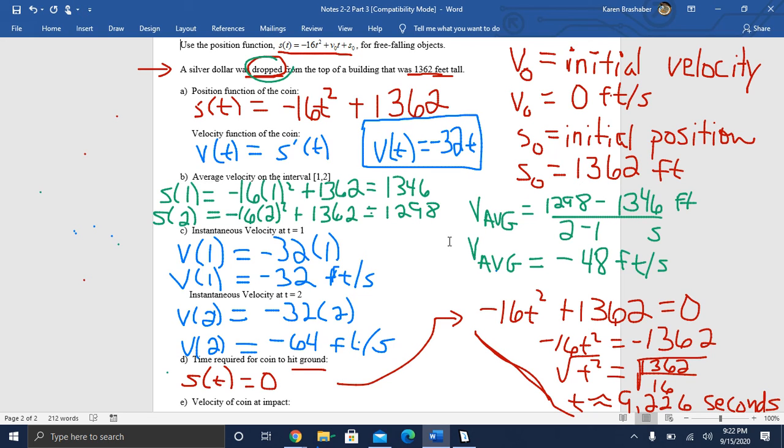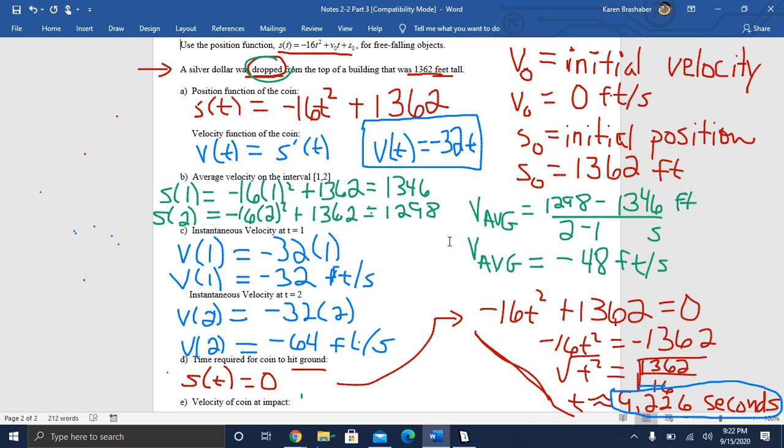Part E, the velocity of the coin at impact. Well, so I'm wanting the velocity at a certain moment in time. The moment in time that I want that velocity for is when it hit the ground, which is my answer to part D. So I want to know what's the velocity at the 9.226 seconds.